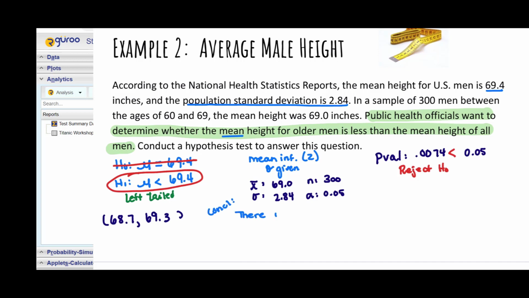there is enough evidence to conclude that, and then you got to put H1 in context. So you can't just say there's enough evidence to conclude that the mean is less than 69.4.